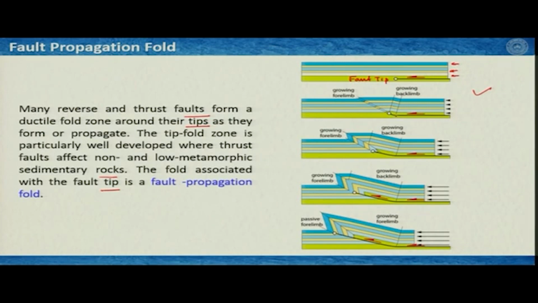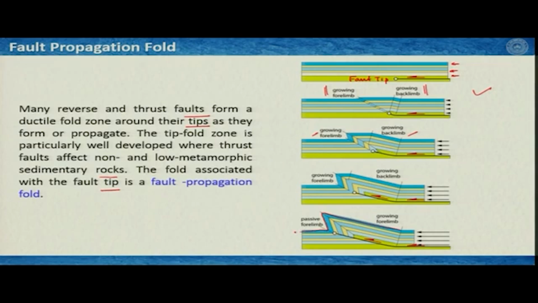When it starts moving upward, the first thing it does is develop a back limb at the back side and a forelimb at the front side. With time, when it propagates, it also accentuates the growth of the back limb and the forelimb, and this is how it works. Finally one is left with a fold-like structure like this.